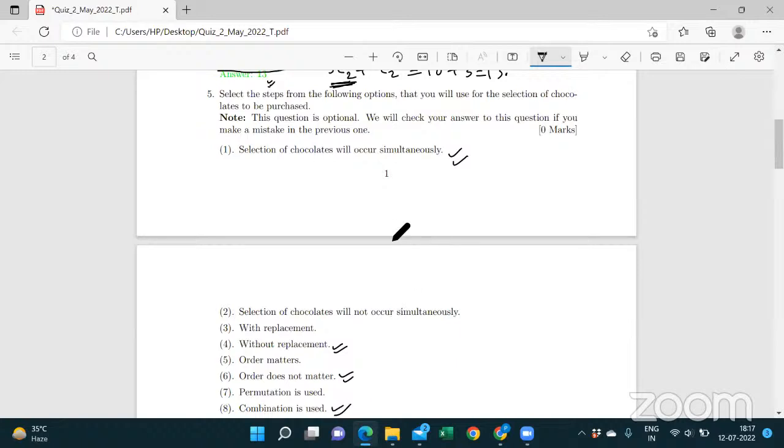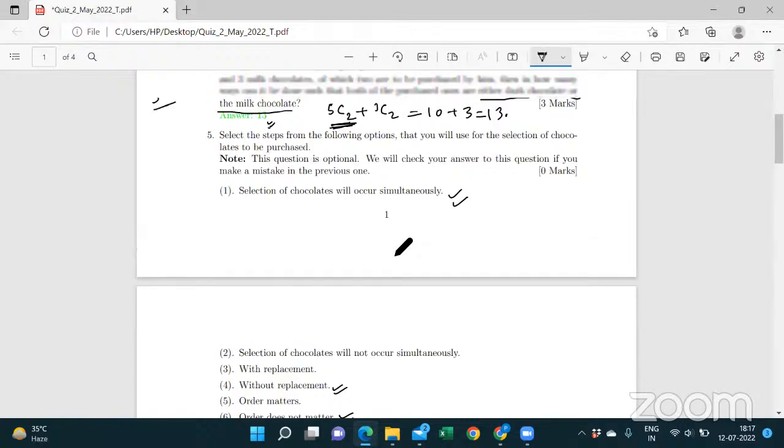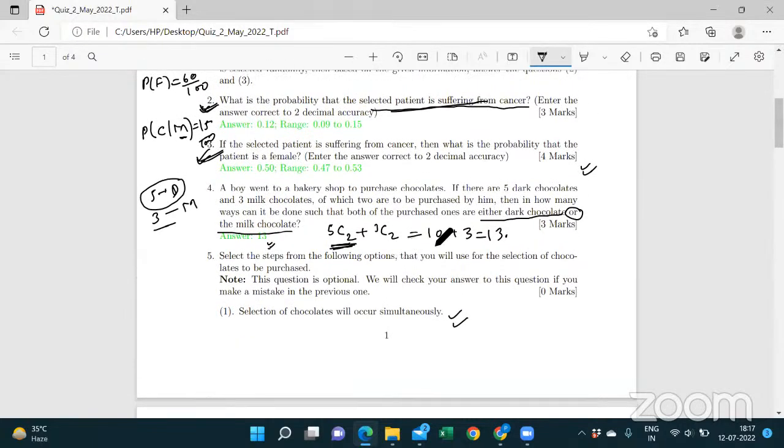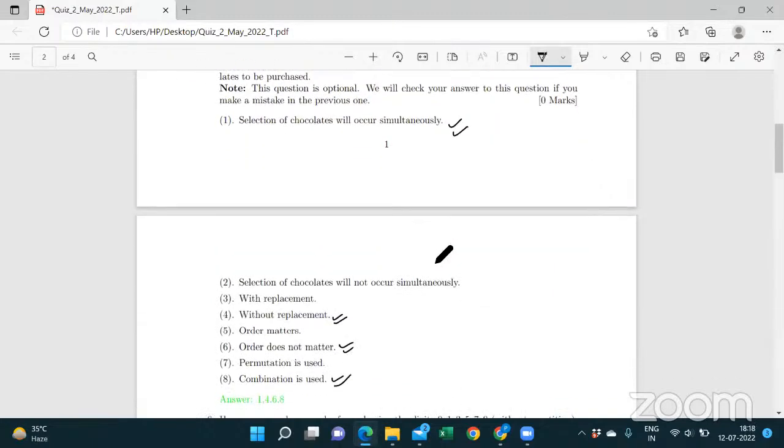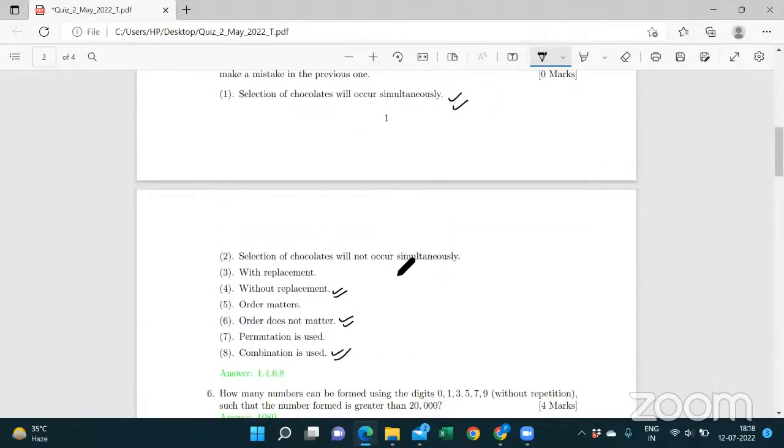You have to choose the chocolates simultaneously, without replacement, because you have to purchase 2 chocolates, so it's not something with replacement at all. Since it's without replacement, order does not matter. Suppose you have 5 dark chocolates, D1, D2, D3, D4, D5.